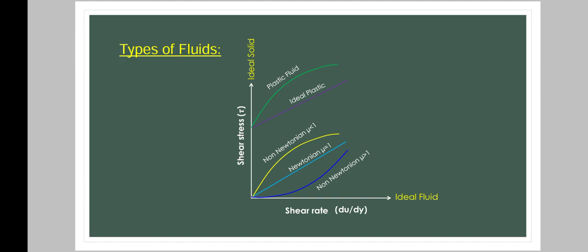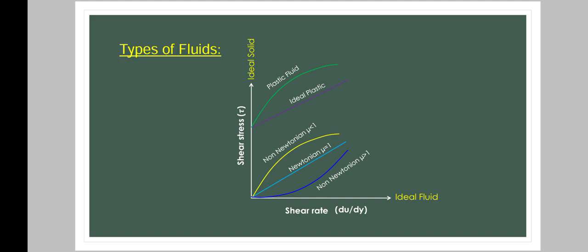These are the types of fluids based on shear rate and shear stress. For the x-axis it will be an ideal fluid, for the y-axis it will be an ideal solid. By understanding the curves, we will see that from 0 to some peak value it will be a Newtonian fluid, and above and below that it will be non-Newtonian fluids.